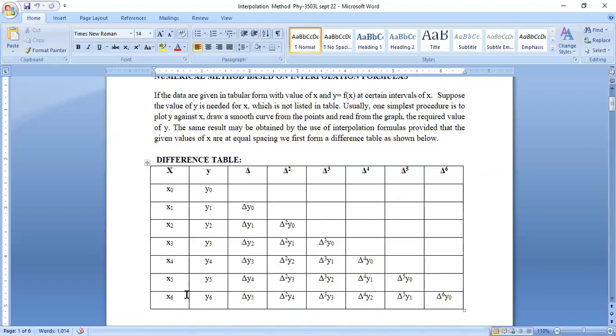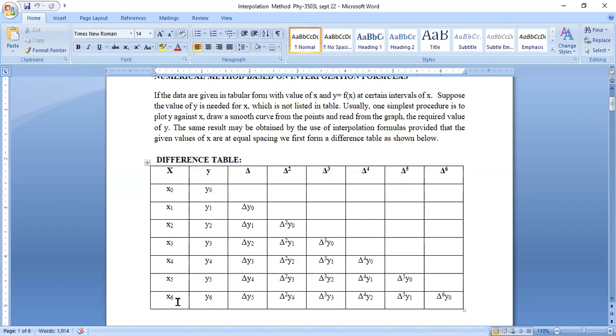Once again, the process of finding the value of y corresponding to a value of x, say xi, where xi is lying in the interval x0 to x6, is called the process of interpolation.